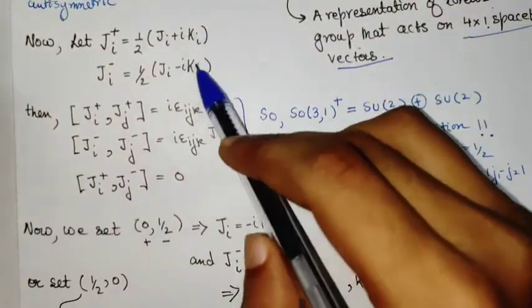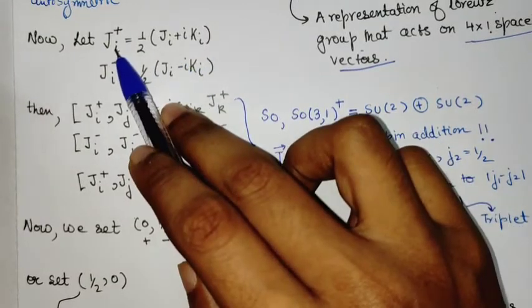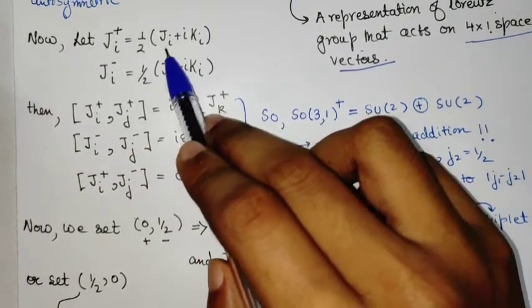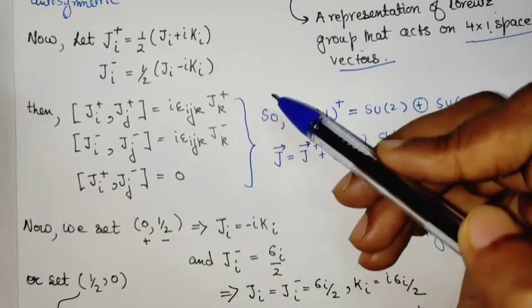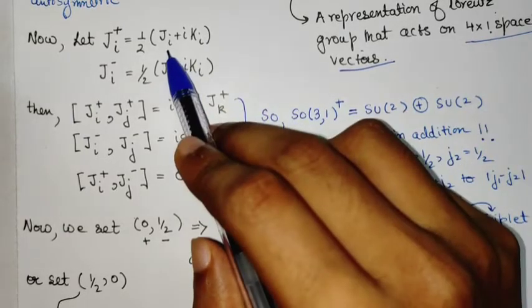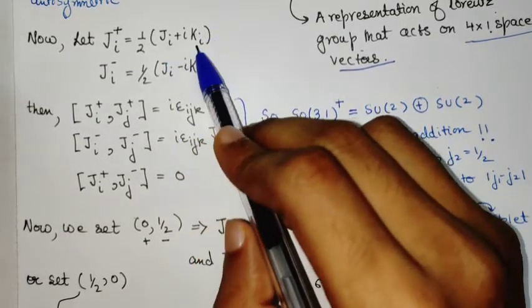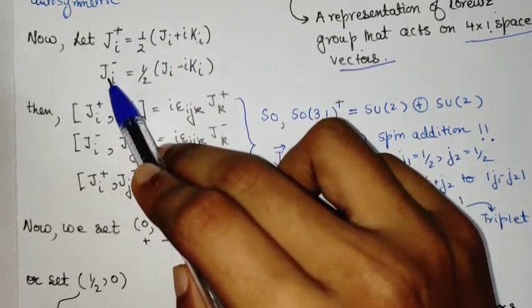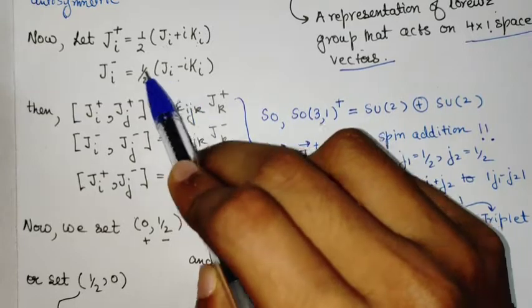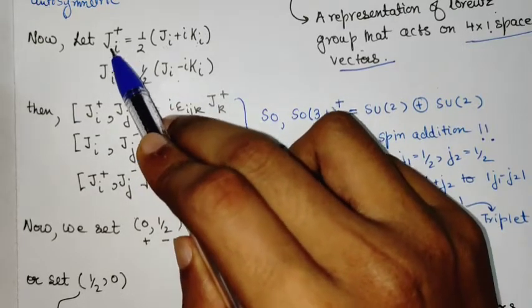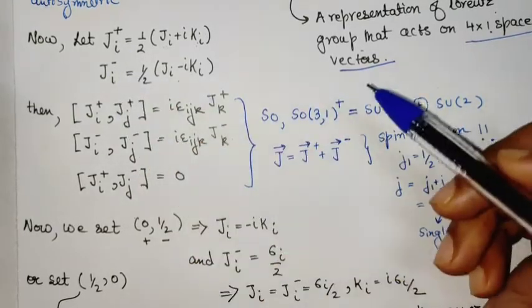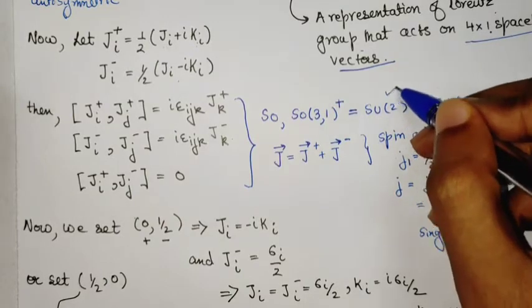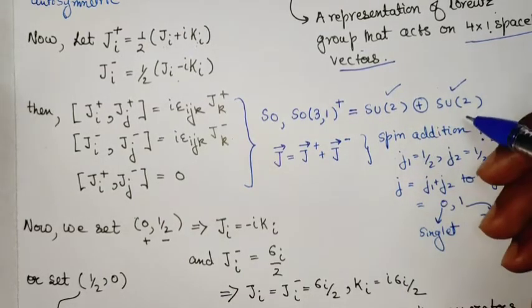So the algebra, if we arrange the boost and rotation matrices in this particular representation and in this particular fashion, we see that the Lorentz group algebra actually decomposes into two SU2 algebras.